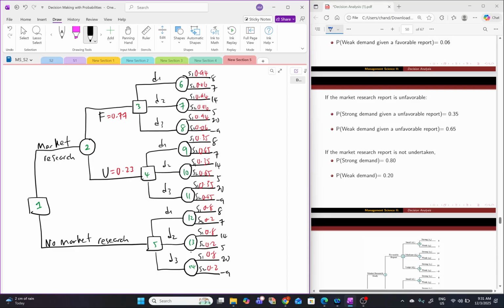Once we sketch this diagram, we're going to compute for each node now. Kalian dulu, saya bagi masa sikit.